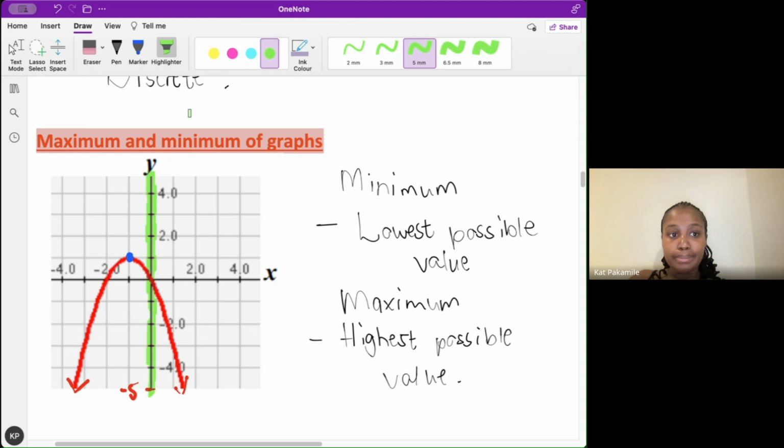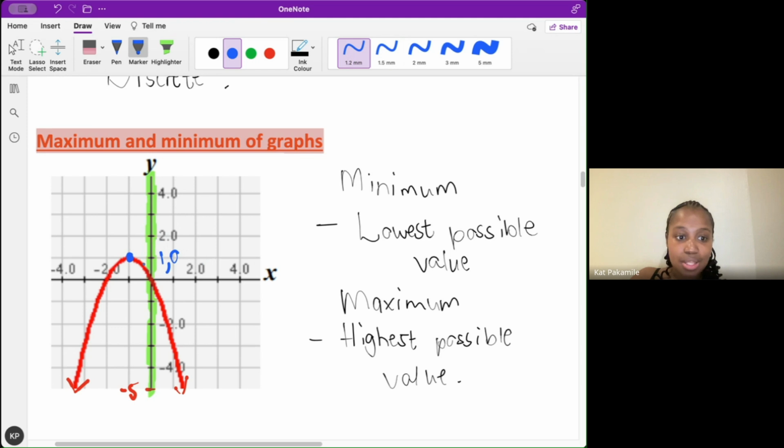Is it a minimum or is it a maximum? Look at your y values. This turning point is at (1, 0). So if that's 2, then that's 1.